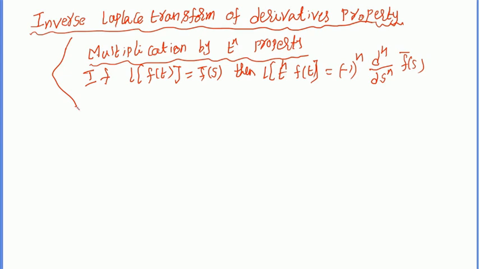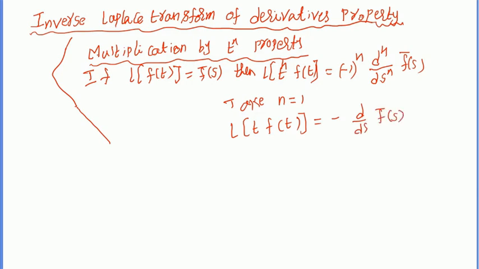Take n is equal to 1, then what happens? L of t into f of t is equal to minus 1 whole power 1, which means minus d by ds of f bar of s.